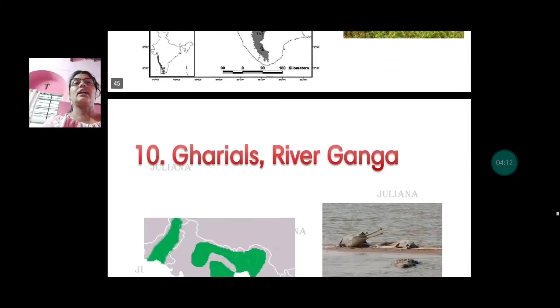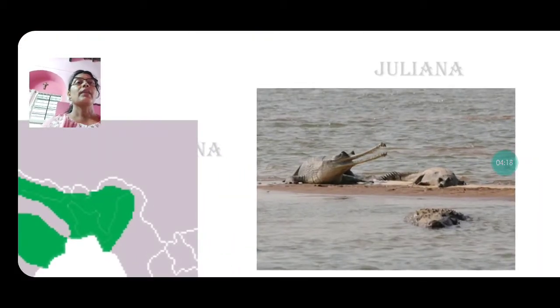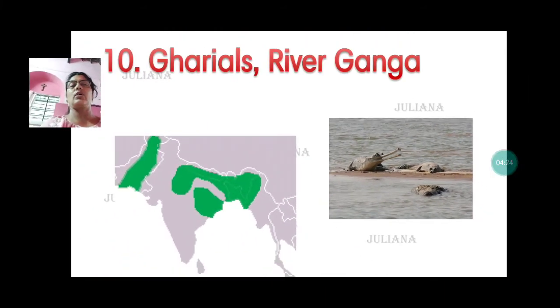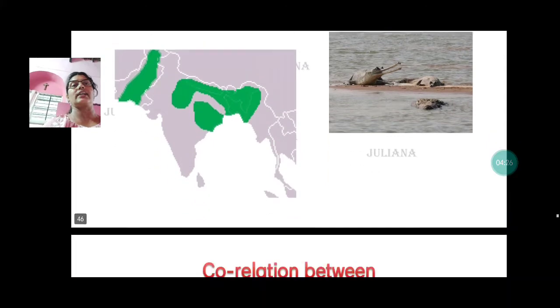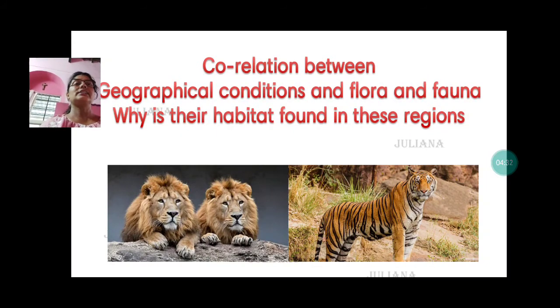The gharials is another type of an alligator which is mainly found in river Ganga. Look at their snouts. Okay, they have a long mouth with sharp teeth. So these are gharials, not the normal magarmach or crocodiles. Now, correlation between geographical conditions and flora and fauna. Why is their habitat found in these regions?